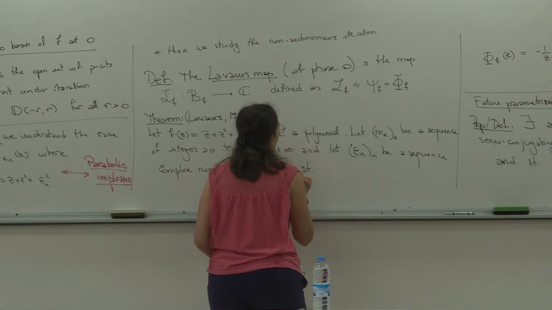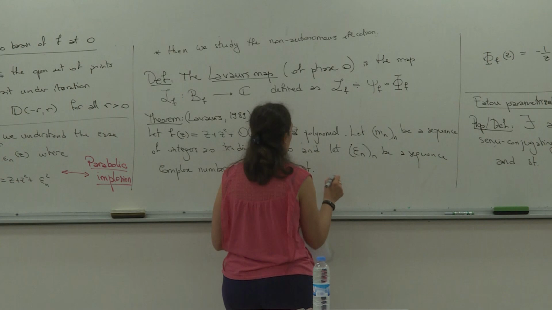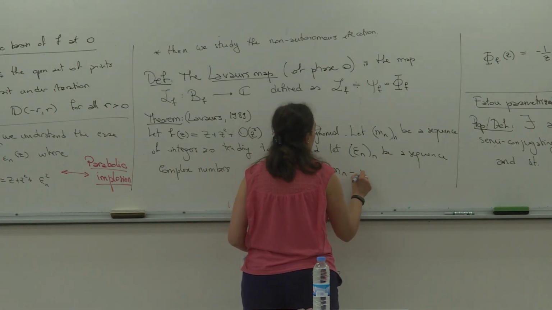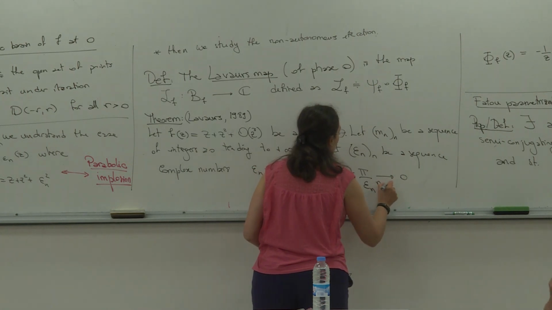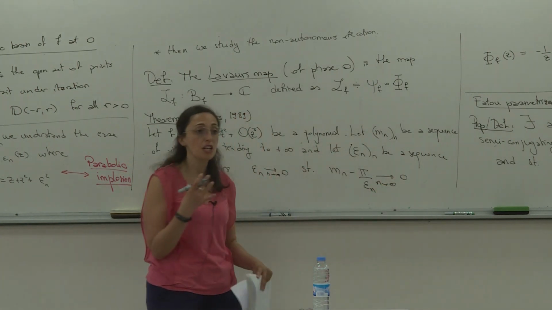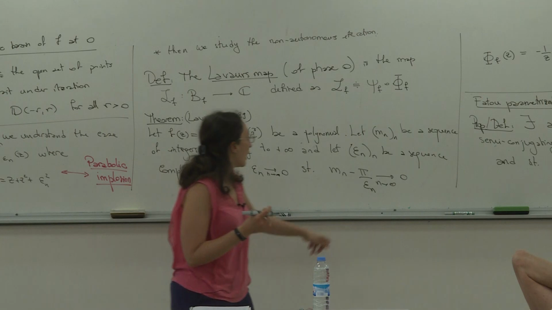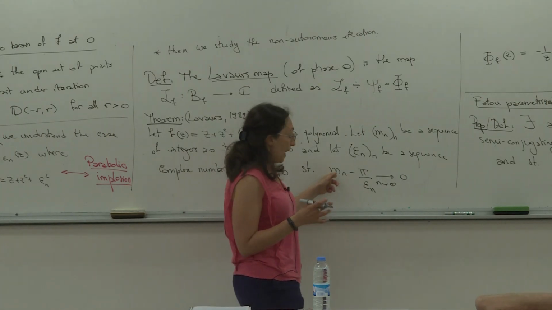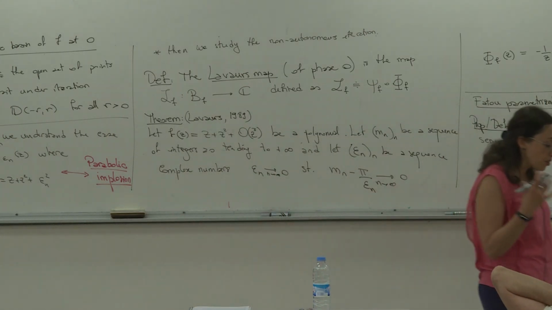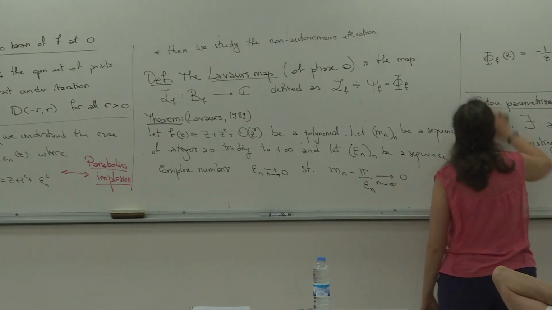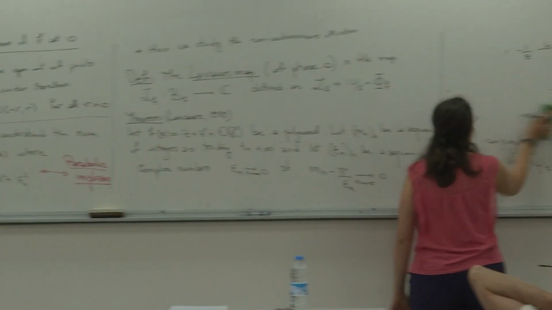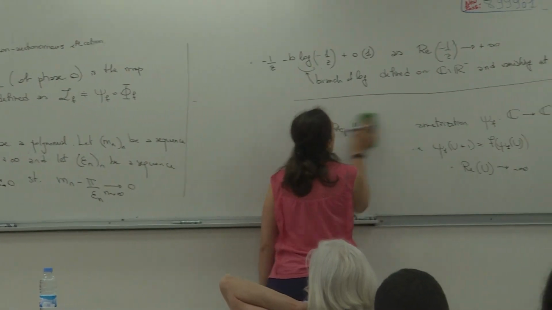Such that, now I'm going to tell you what I need: Mn minus pi over epsilon n tends to 0 as n goes to infinity. So essentially what we are saying is that epsilon n is essentially pi over Mn. If you write it the other way around, this is what it is saying.